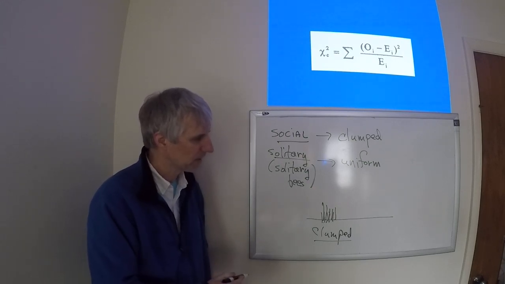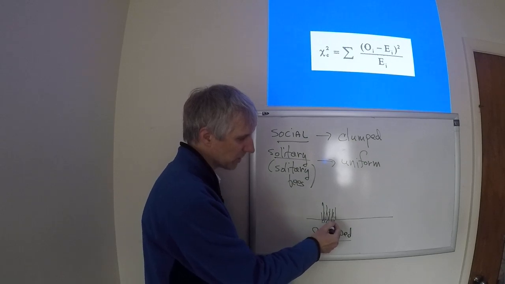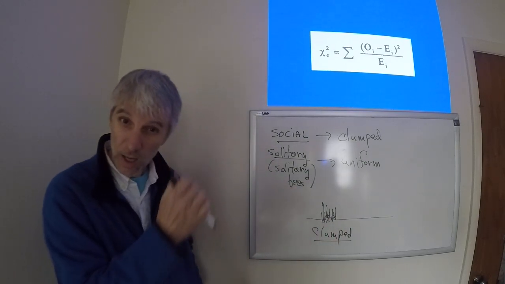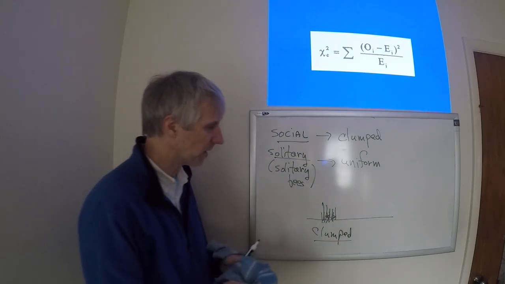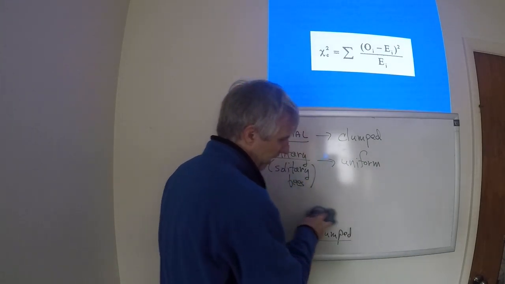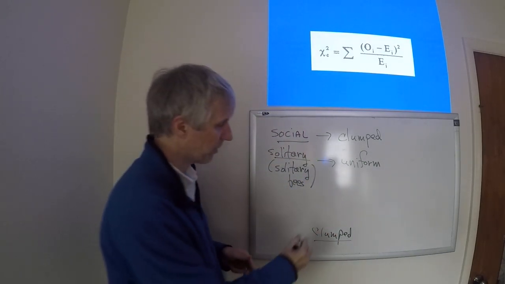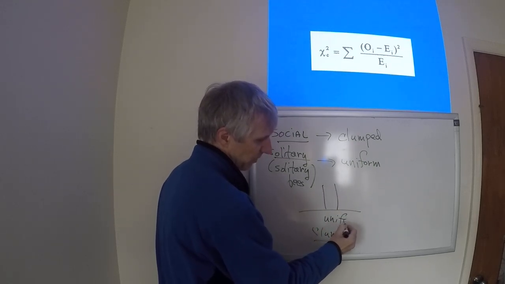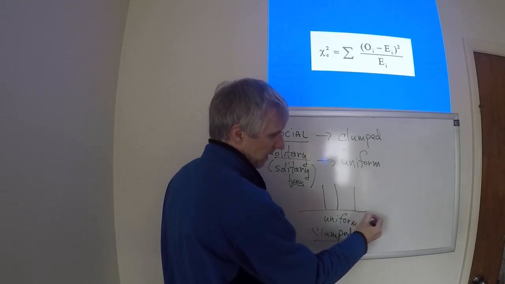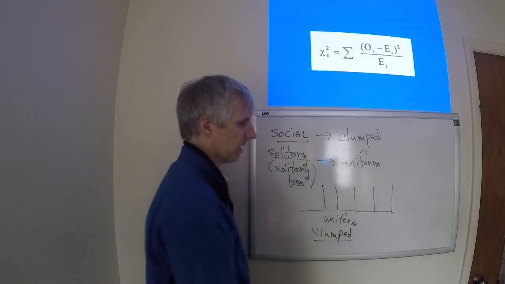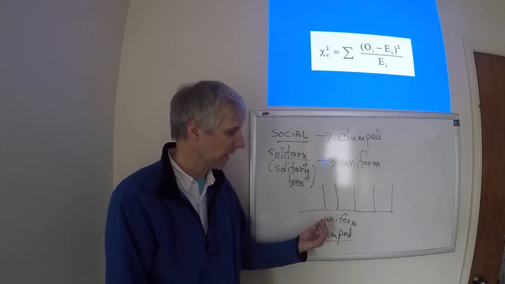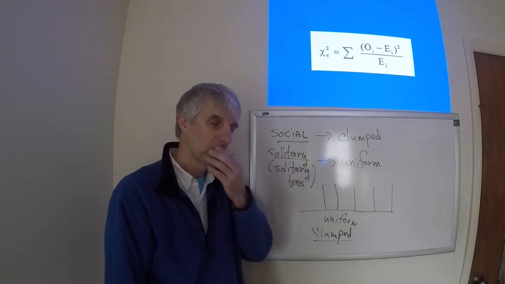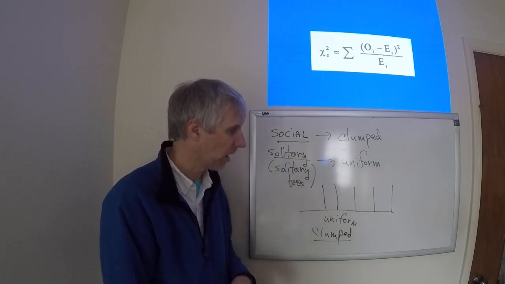Over time, as competitive interactions start to occur among all of these seedlings, my expectation is that we would move toward a more uniform distribution, as there are certain distances that these oak trees tend to be apart from each other when they get to be fairly large.